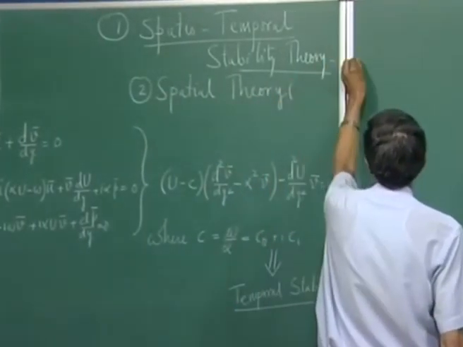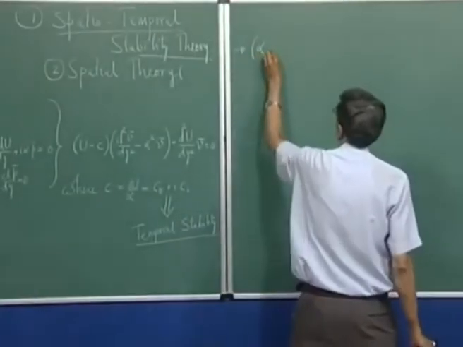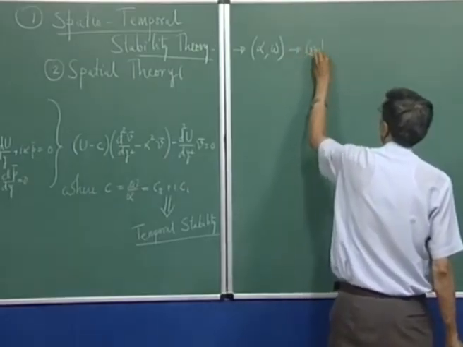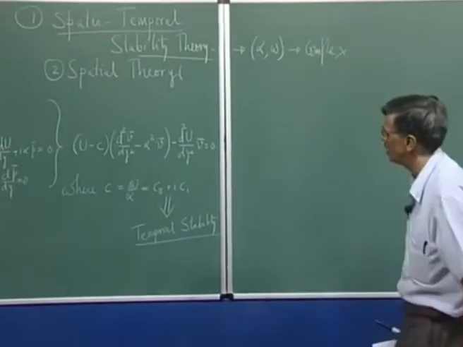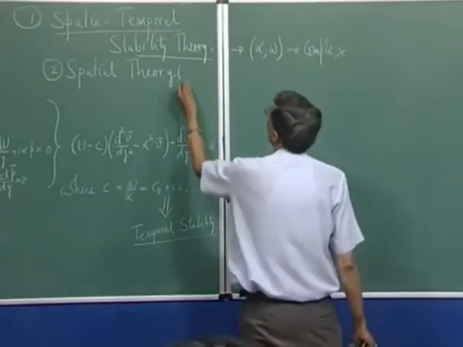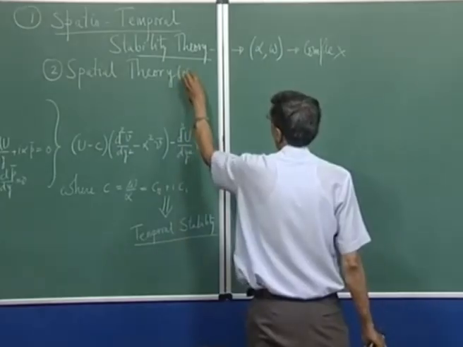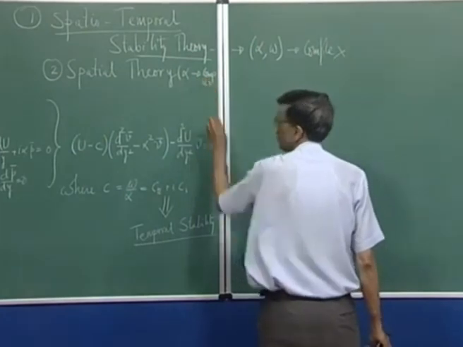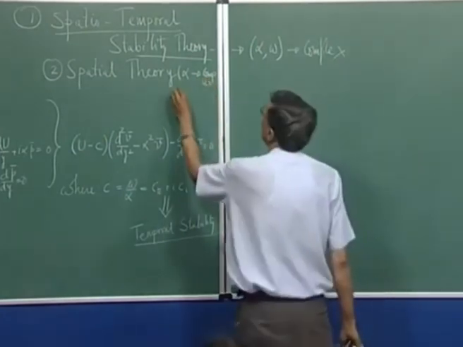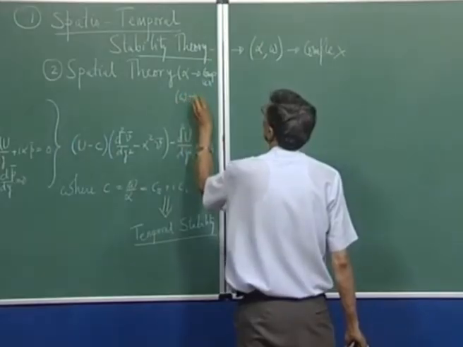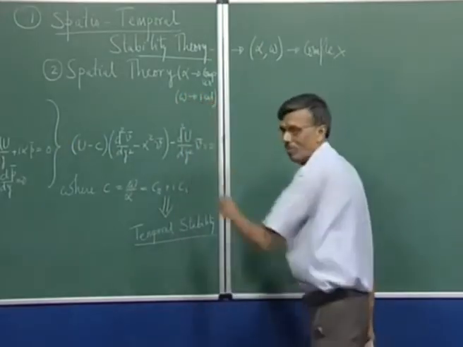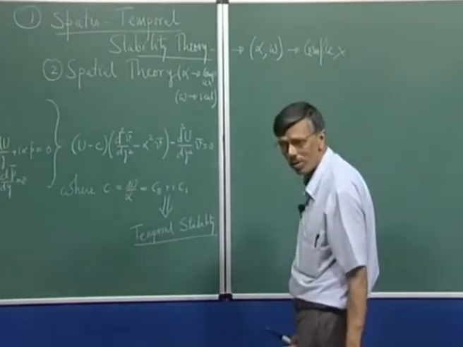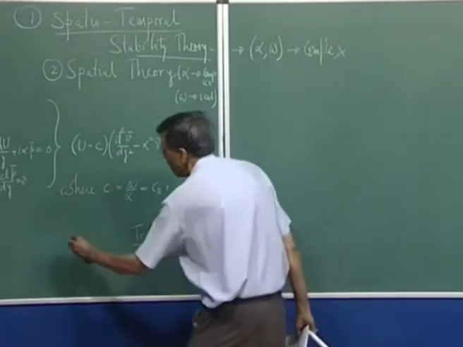Alpha and omega both complex for spatiotemporal theory, and for this case what we will find is alpha as complex, while omega will be real. The third possibility is one of temporal theory, and this is what we are talking about here.